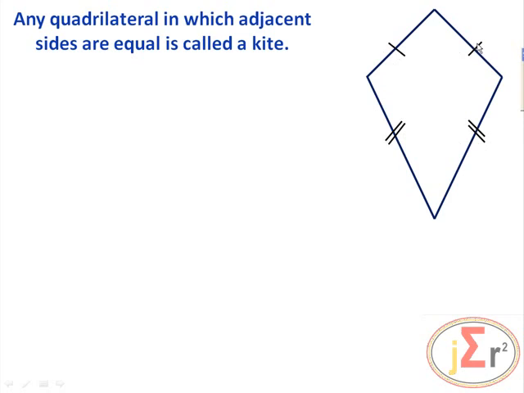So these two sides are adjacent because they meet right here, and these two sides are adjacent because they meet right here. These two sides are adjacent sides that are equal, and these two sides are adjacent sides that are equal. Whenever we have a quadrilateral that is like that, then the quadrilateral is called a kite.